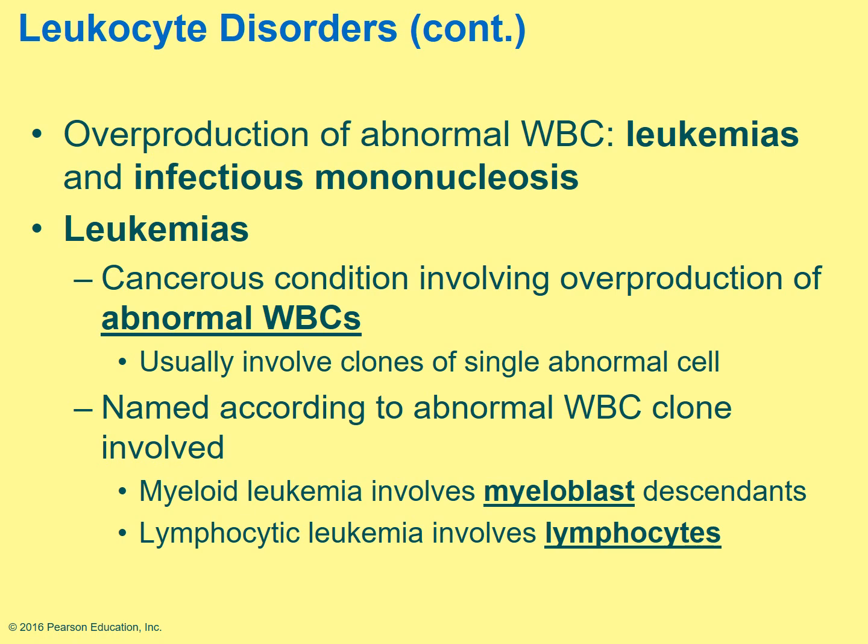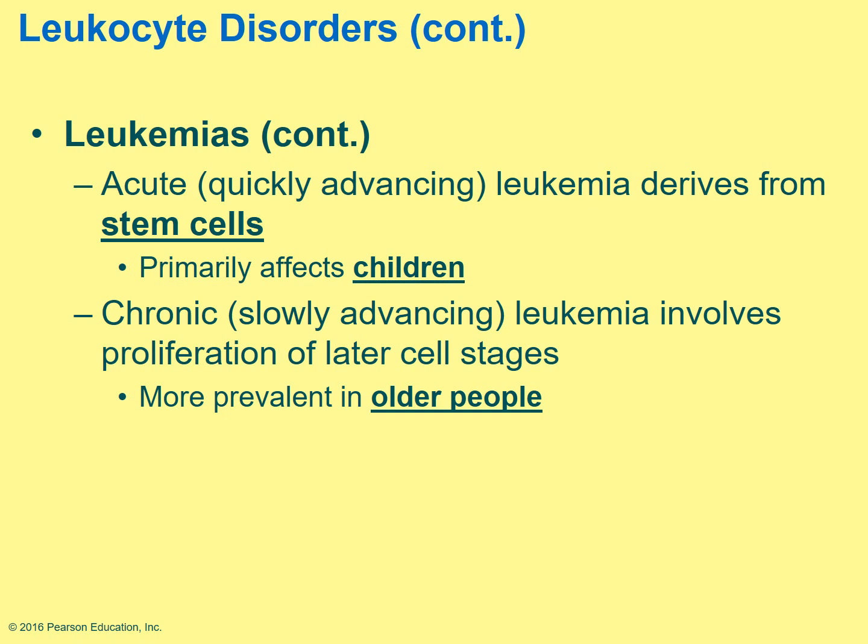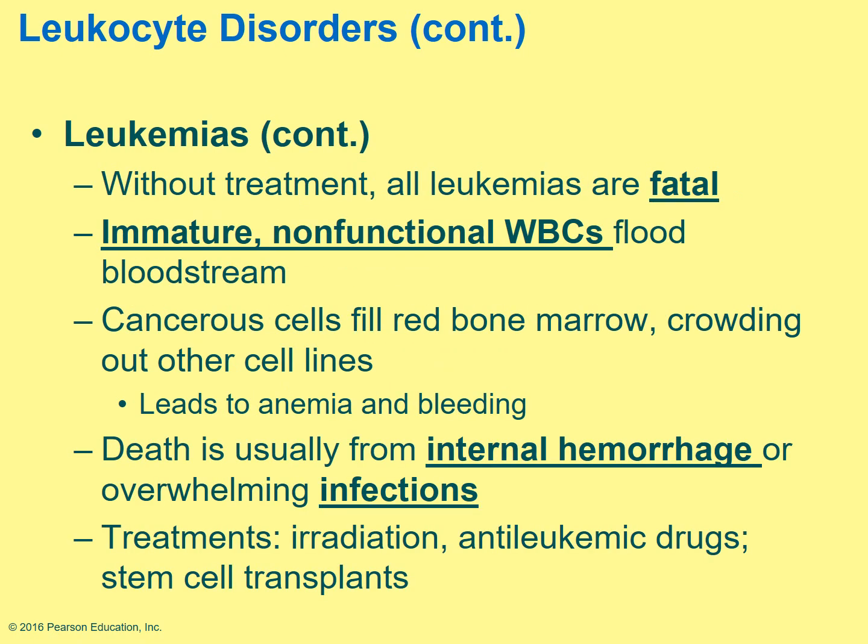Is it lymphocytic or is it myeloid that they derive from? Acute leukemia derives from the stem cells. It primarily affects children. Chronic or slow advancing leukemia is more prevalent in older people. So there's various types of leukemia. It just depends on specific cells and when it starts.